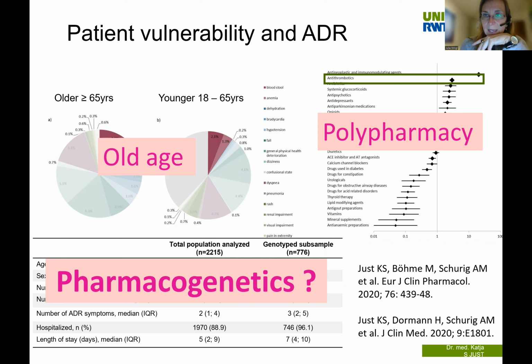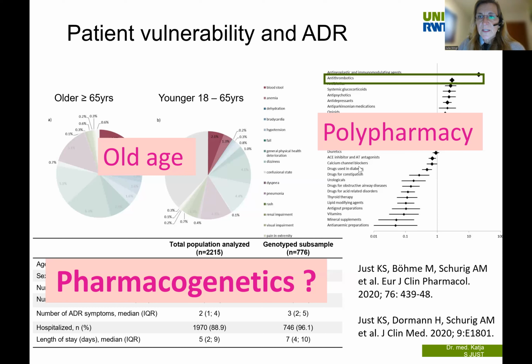We learned that old age, and this is data from this study looking at patients hospitalized in the emergency departments, they were old, and there were differences in adverse drug effects between the older people and the very old people, the old and the younger old people. For example, bleeding complications were much more frequent in the very old people than in the younger people. And so the severity and also the symptoms of side effects are different in these age groups, causing different vulnerability to side effects.